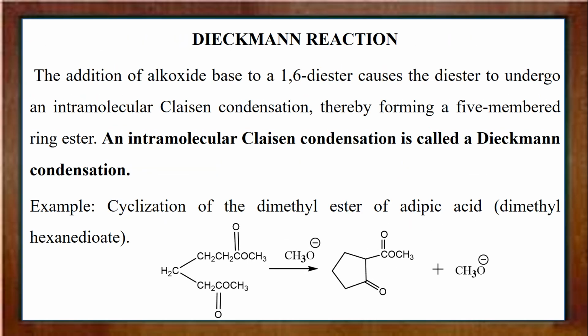Dieckmann reaction or Dieckmann condensation is an intramolecular Claisen condensation, and in this reaction the reactant is a diester. When we add an alkoxide here, it removes an alpha hydrogen from one of the alpha carbon atoms of the ester.